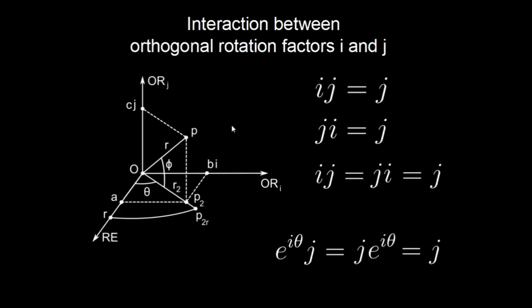Next, about the interaction between orthogonal rotation factors I and j. As mentioned before, I and j can be considered as unit vectors. On the other hand, there are orthogonal rotation factors that can rotate vectors.